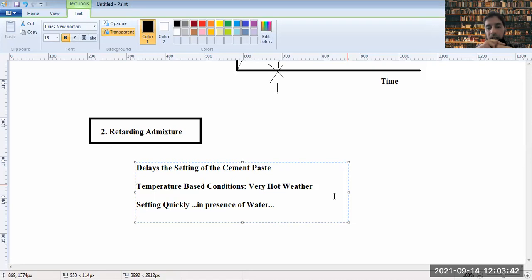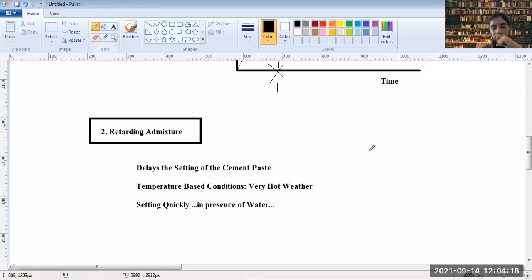Because the temperature is very hot, some amount of water must be evaporating at the same time. So there will not be enough water available under such conditions, and you do not want it to set quickly where some percentage of water has evaporated while you are casting. The concrete that you get will develop certain voids in between.